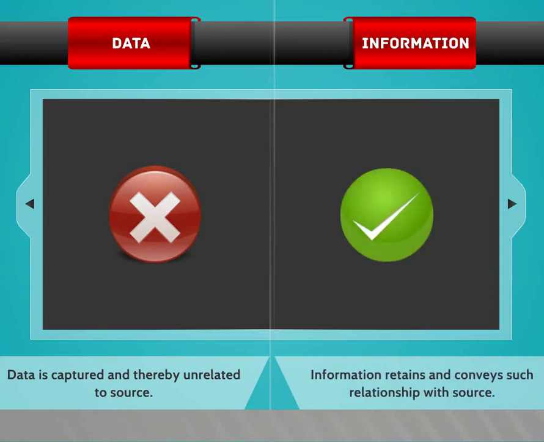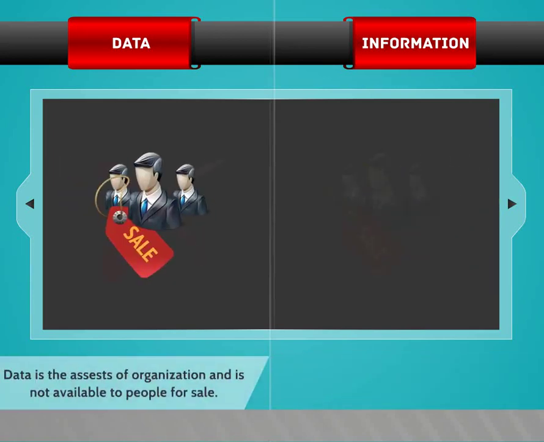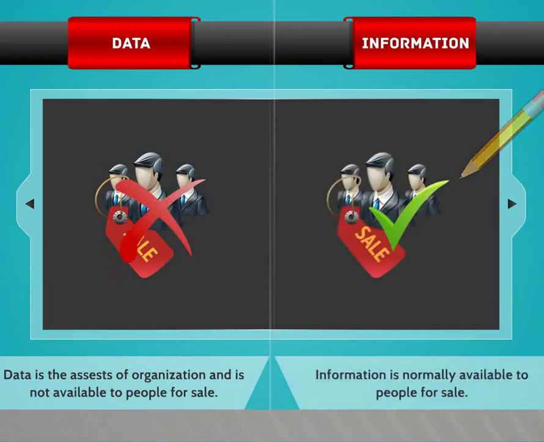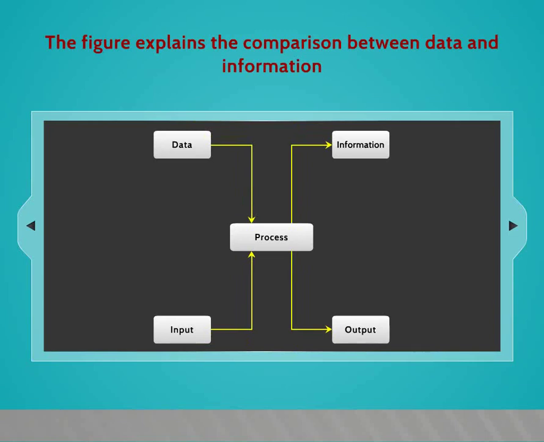Information retains and conveys such relationship with source. Data is the asset of an organization and is not available to people for sale. Information is normally available to people for sale. The figure explains the comparison between data and information.